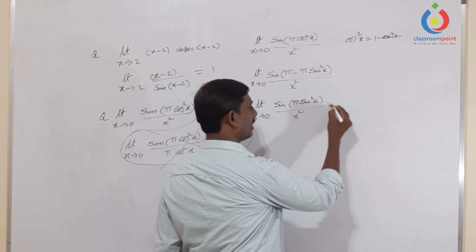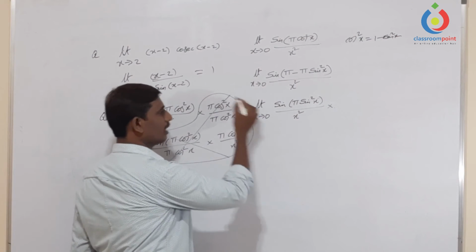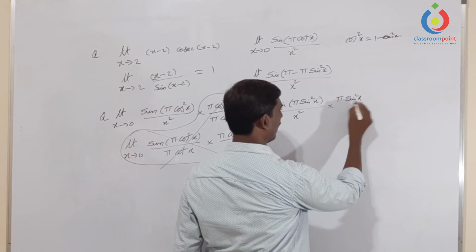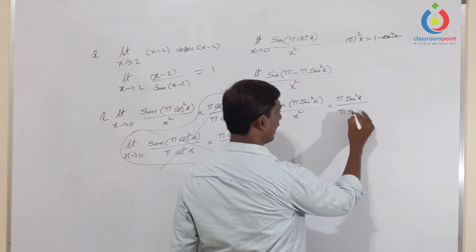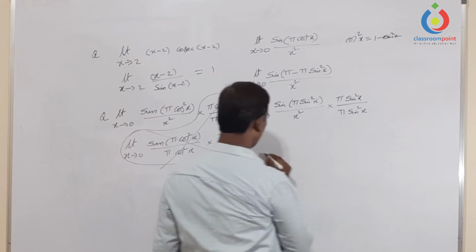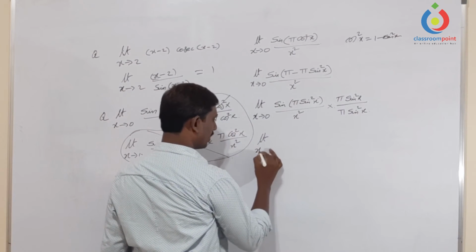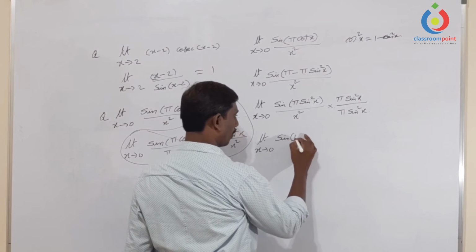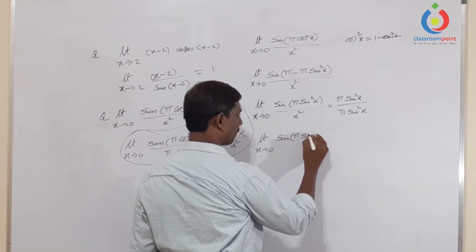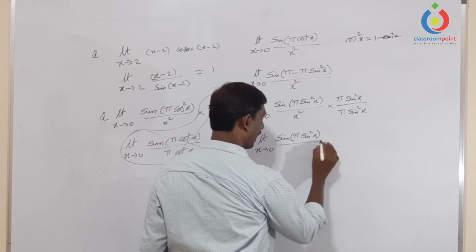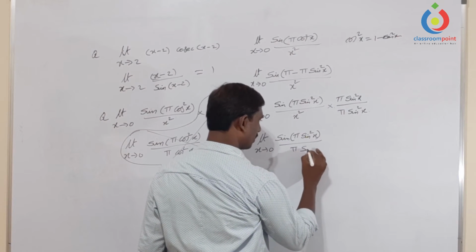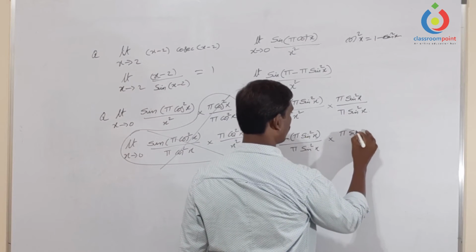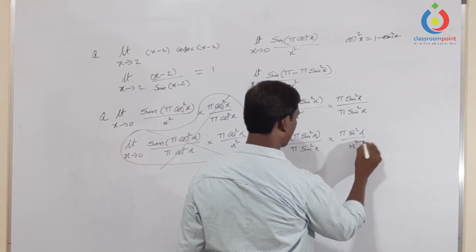Now multiply and divide with pi sin square x by pi sin square x. Then limit x tends to 0 sin of pi sin square x by pi sin square x into pi sin square x by x square.